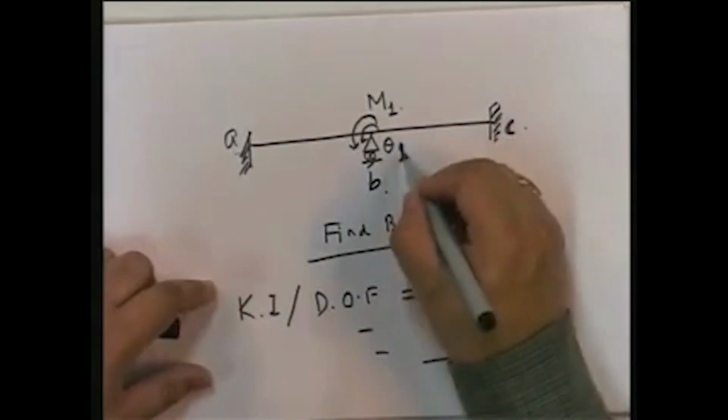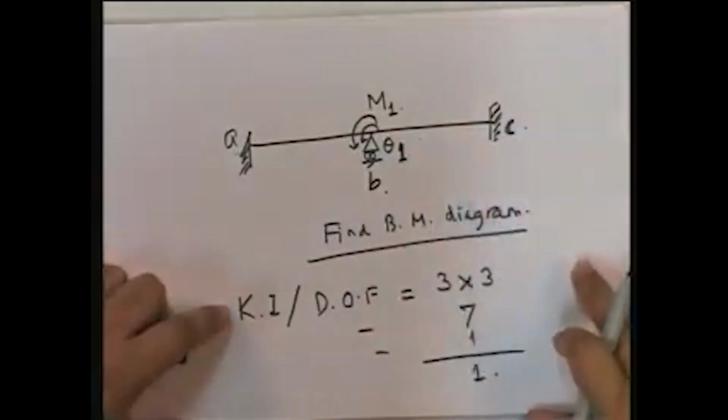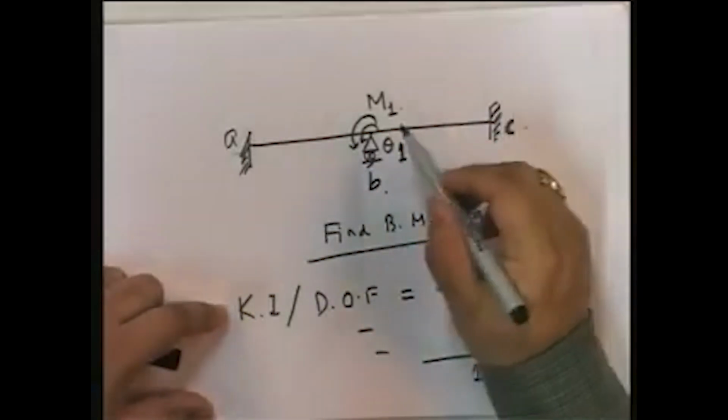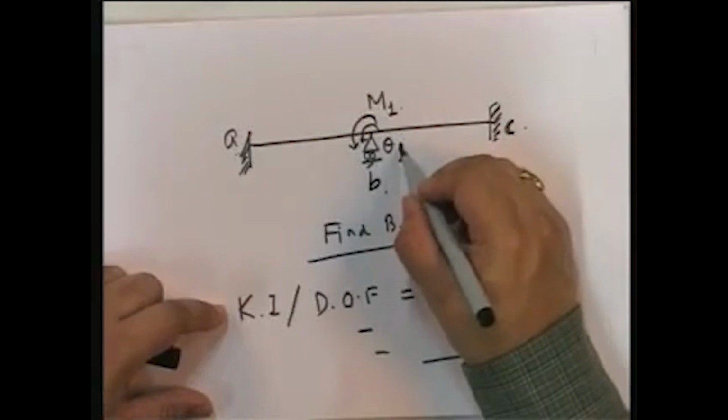So the whole point in this exercise is to find theta 1. This is the unknown displacement. So all I need to do is find theta 1, and hopefully if I find theta 1, then I should be able to find the bending moments given theta 1.